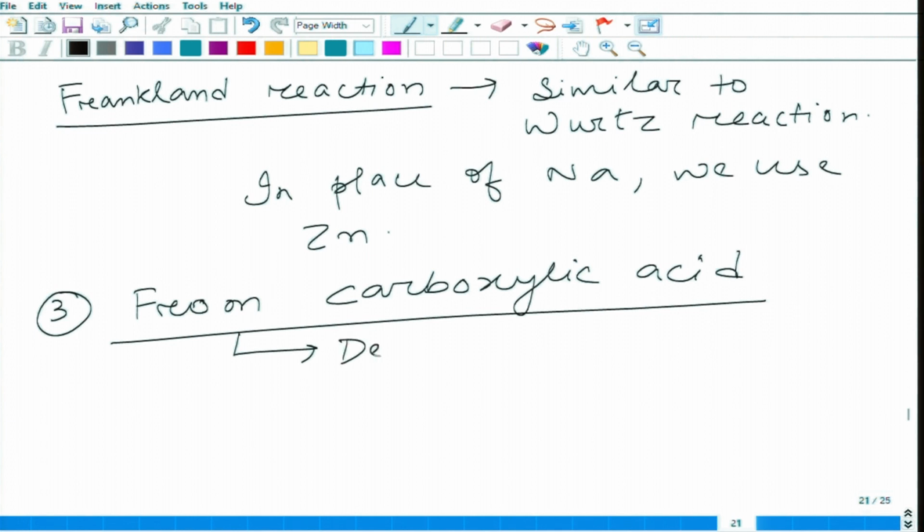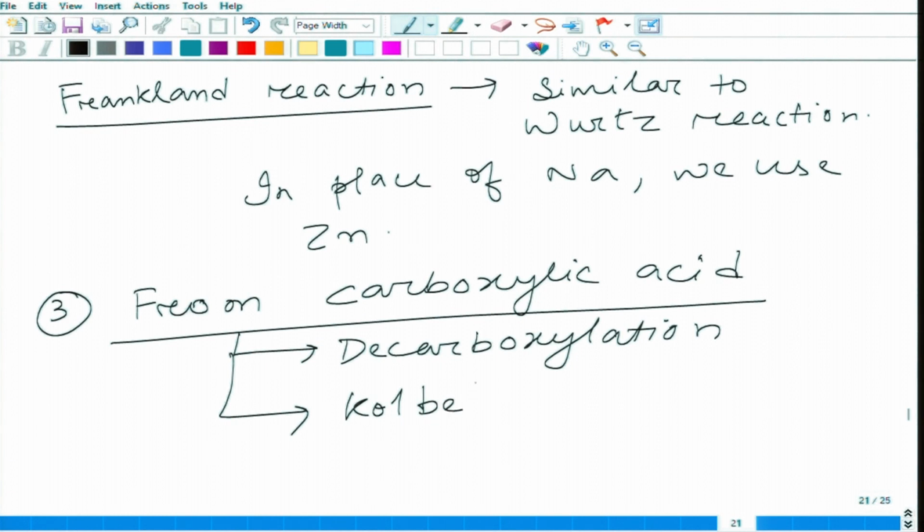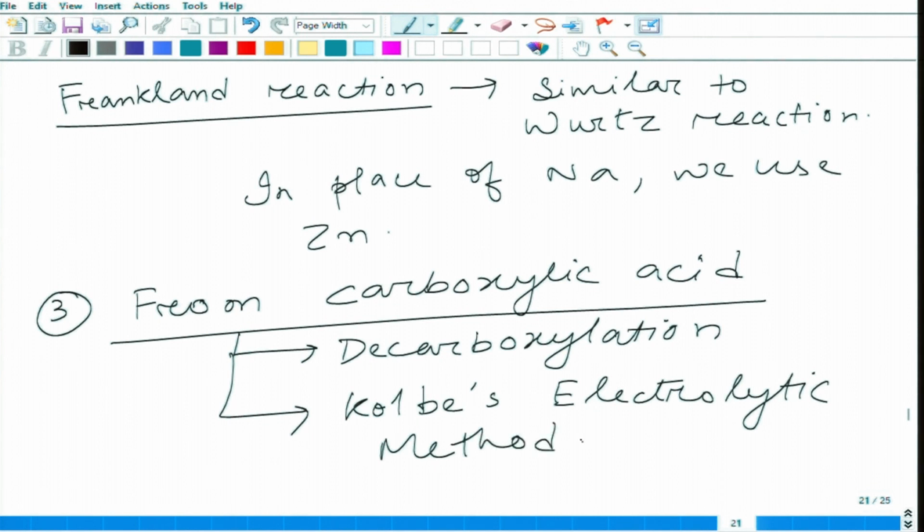One is known as decarboxylation and another is the Kolbe electrolytic method. Okay.